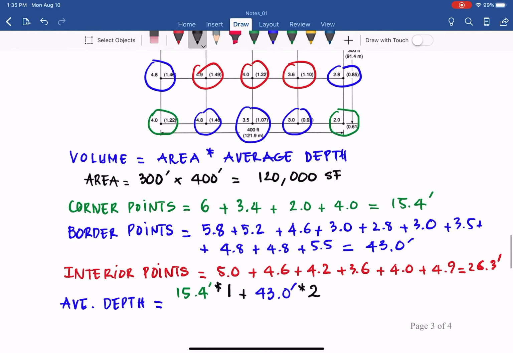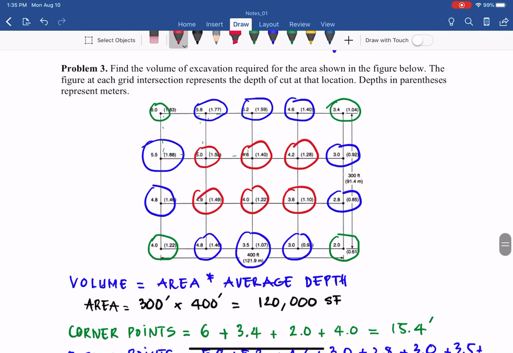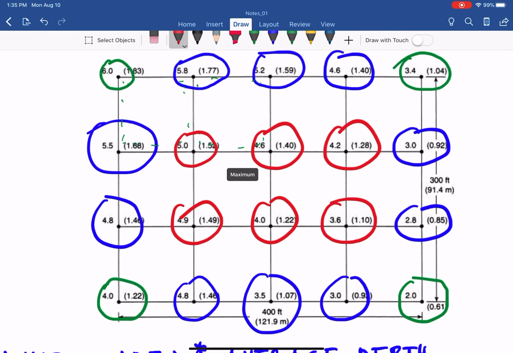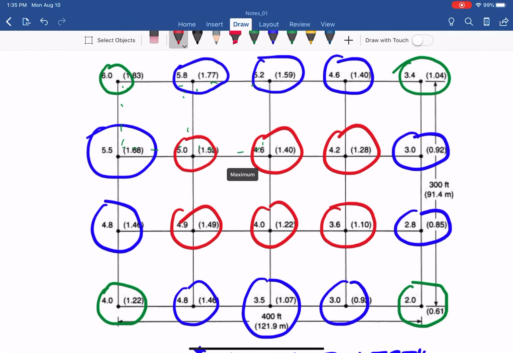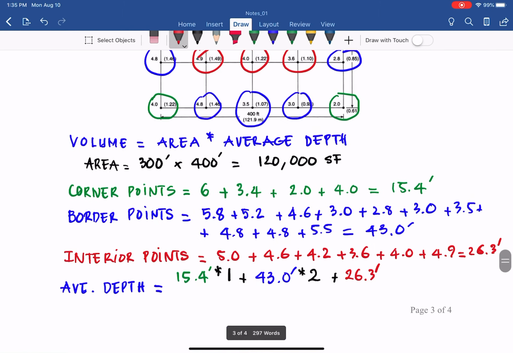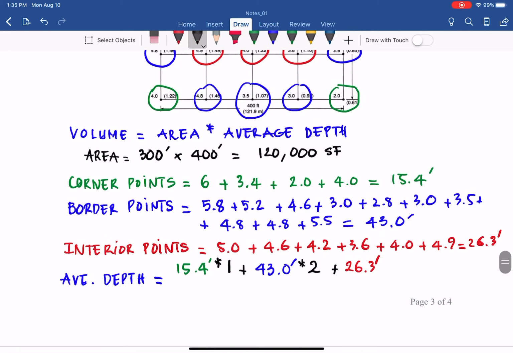And similarly, if you can guess the weighting for the interior points, the total height 26.3 feet, is the weight 3 or 4? As you can see, for the interior point, we have 4 grids for that point. Left, right, bottom, top: 4. So the weighting will be 4.